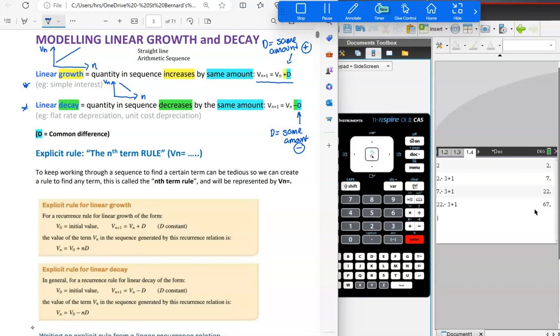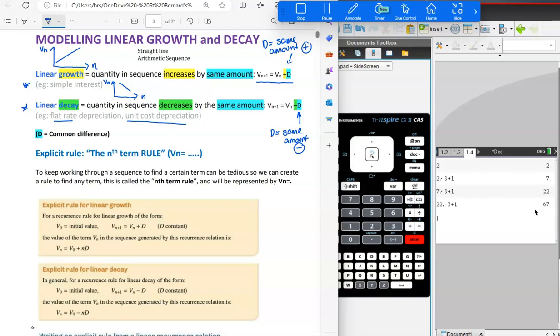Now, examples of this are flat rate depreciation or unit cost. Flat rate is when you've got an item that's $1,000, and it's going to decrease by 10% of that original cost every time. So 10% of $1,000 is 100.